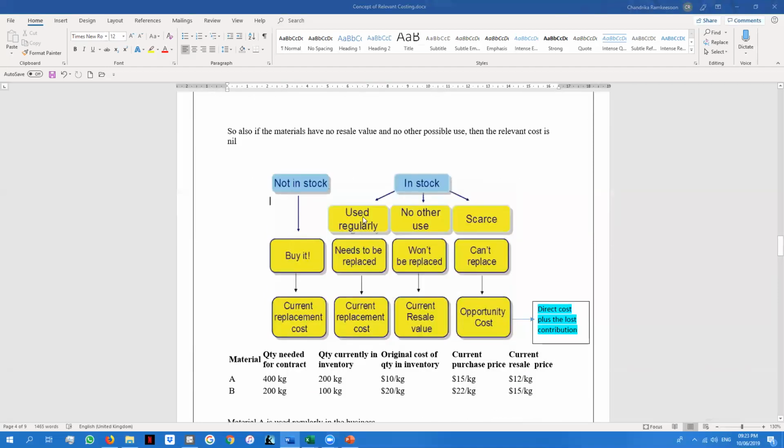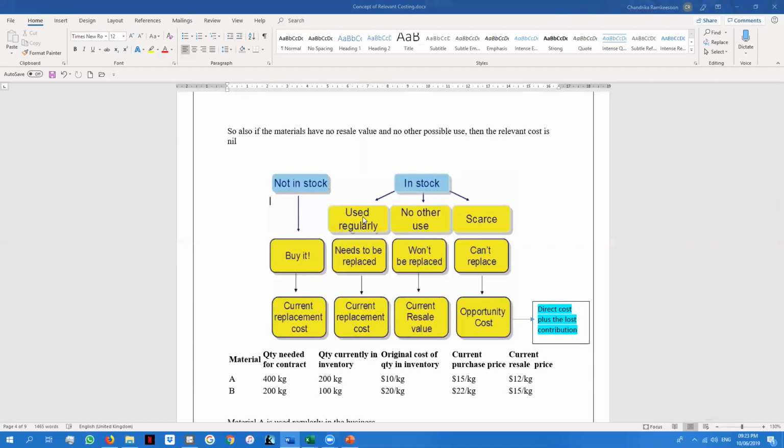Firstly, are they used regularly? Now, we used this example before when I was trying to explain it earlier, a few minutes back. If the 500 kilograms to be used on the special order are used regularly to do what the company normally does, it means taking the 500 kilograms and using them on the special order would cause them to be replaced, because remember, they are regularly used.